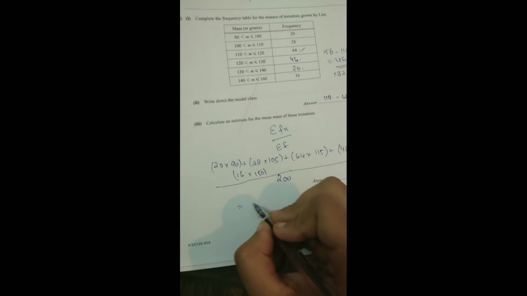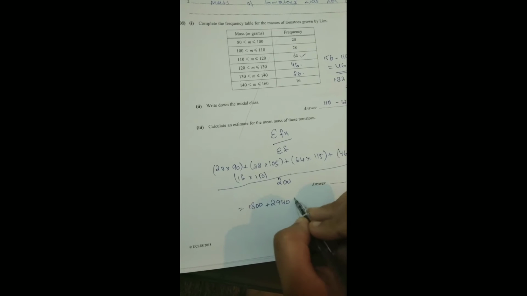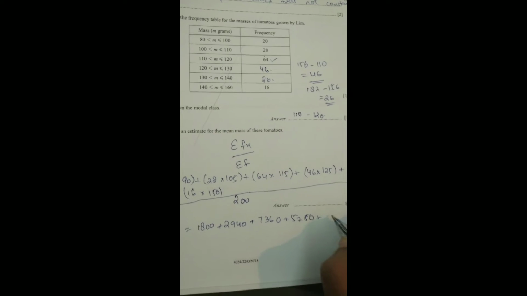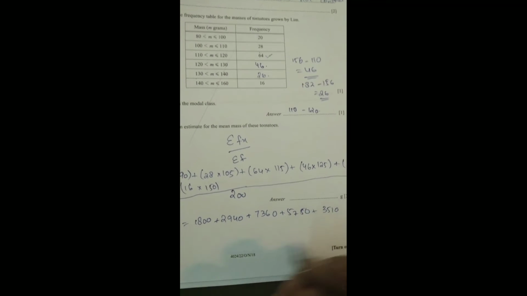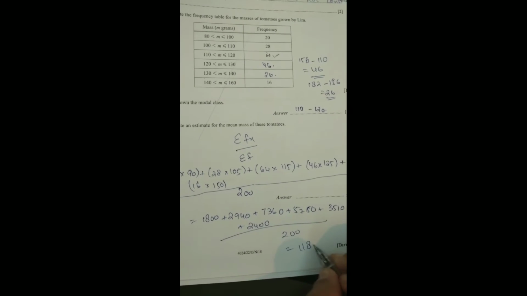Now divide by summation f. We will add all these values, which we know is 200. So by calculating these all, we will get 1800 plus 2940 plus 7360 plus 7550 plus 3510 plus 2400, and divided by 200, so the answer we'll get would be 118.8.